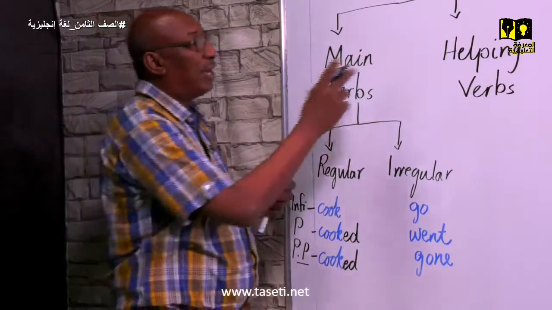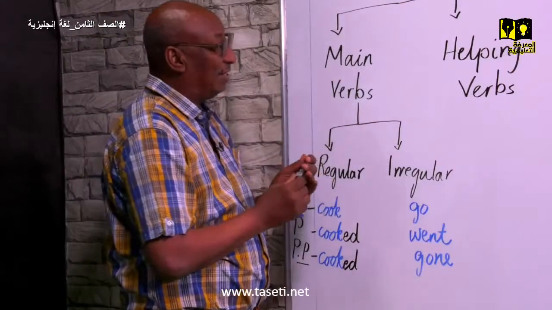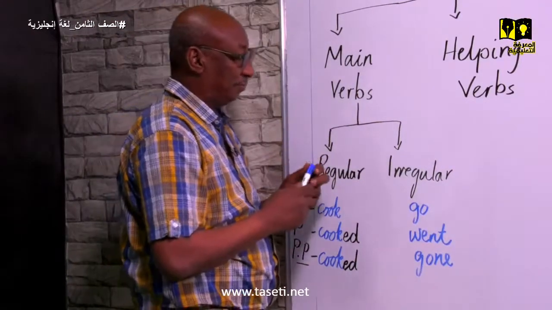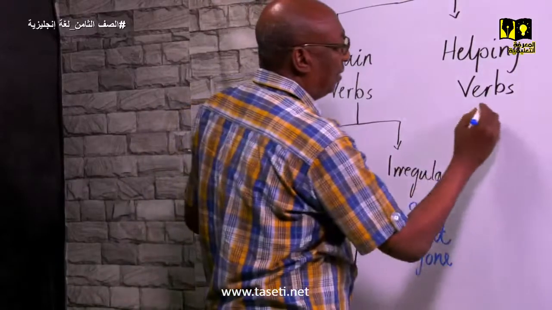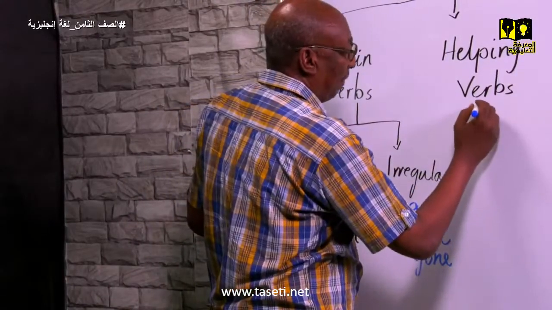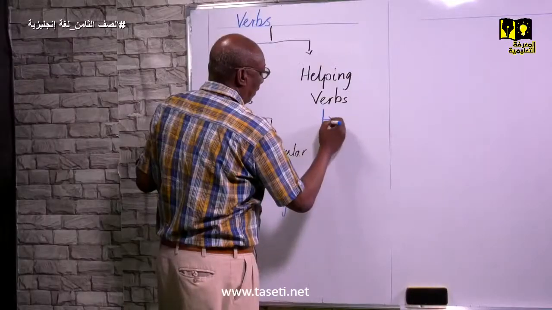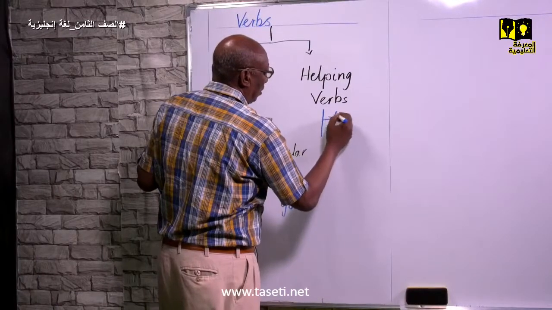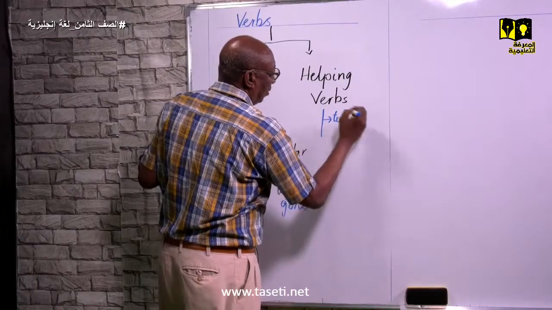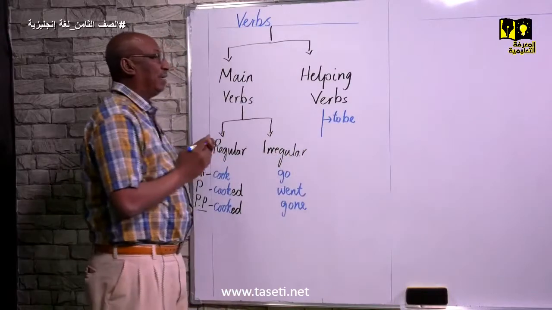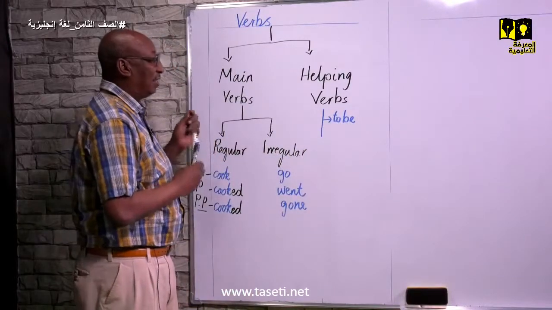When we come to the helping verbs, we find them as follows. Right? To be. We have the verb to be in the helping verbs. Like what?